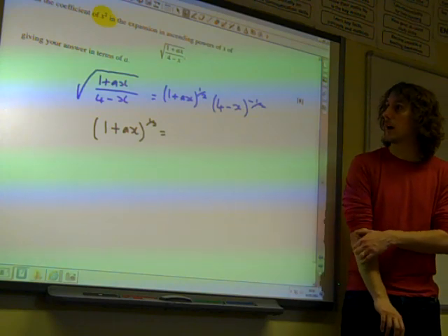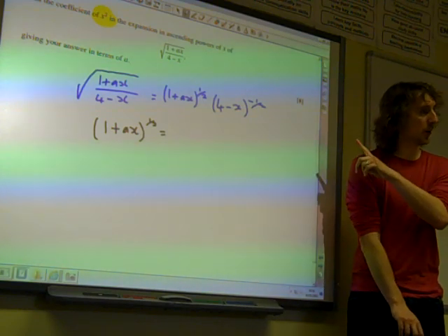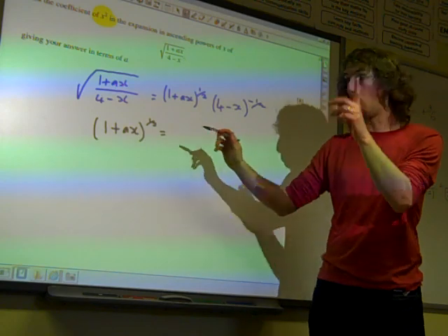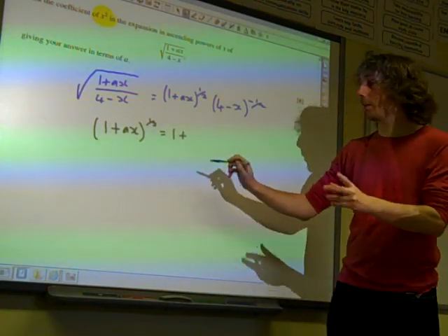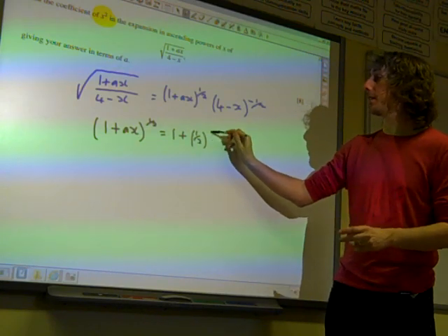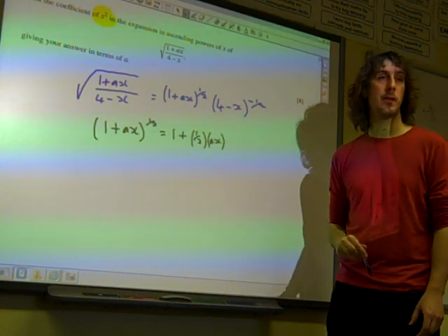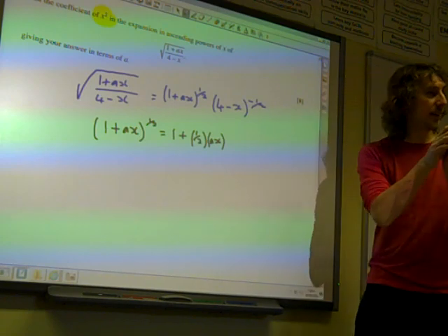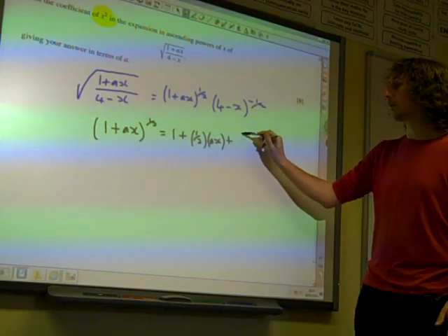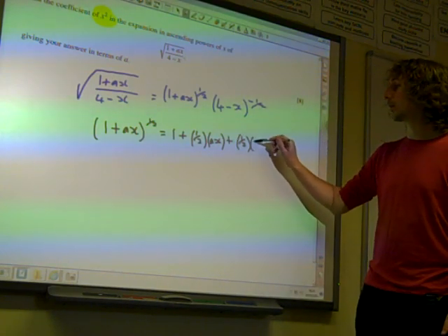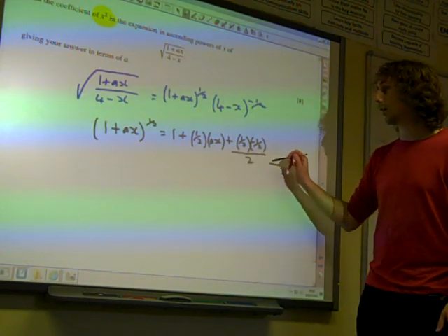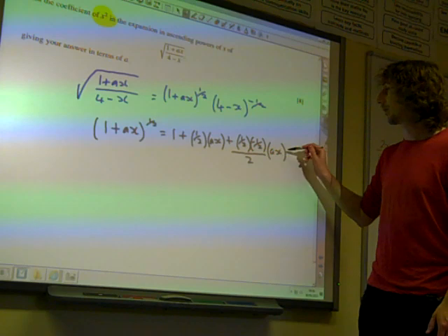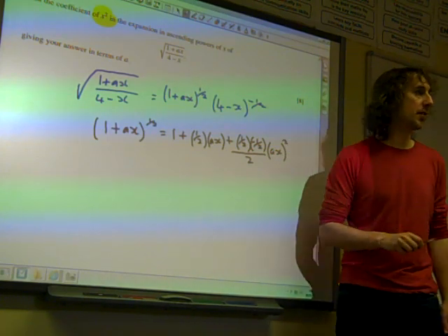You remember our formula, we wrote it on the board a few moments ago, so that would be 1 plus n times x, so that's a half times ax, plus n times n minus 1, divided by 2, times x squared.